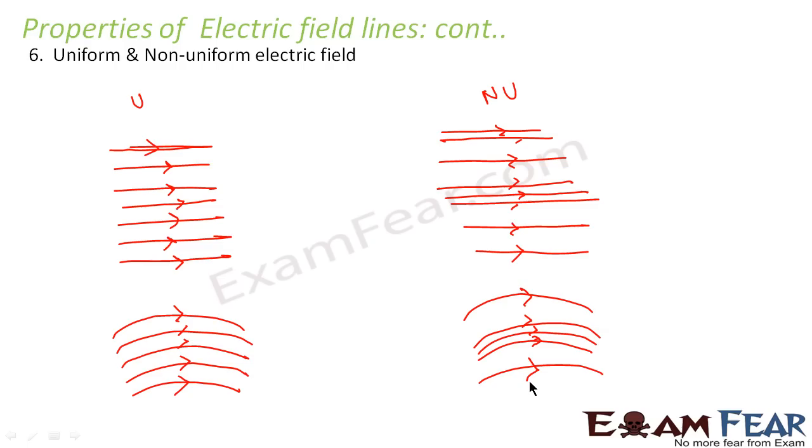Now that we have studied electric field completely, because electric field lines are a part of electric field, I think we have covered almost everything needed at your level. So it is time that we solve certain problems on electric field. Let us have a look at problem 1.